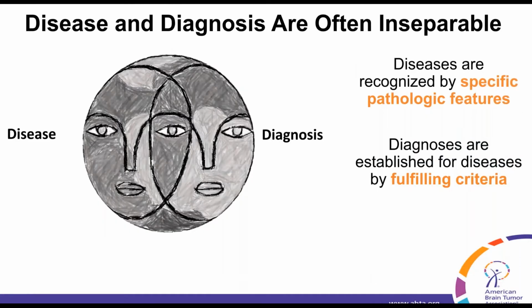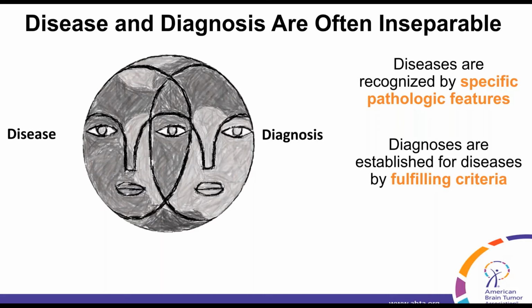So again, I want to reiterate that disease and diagnosis can be thought of as two sides to a coin almost. They almost always go hand in hand. Diseases are recognized by specific pathologic features. So that glioblastoma is characterized by infiltrating tumor cells through the brain that are very atypical.